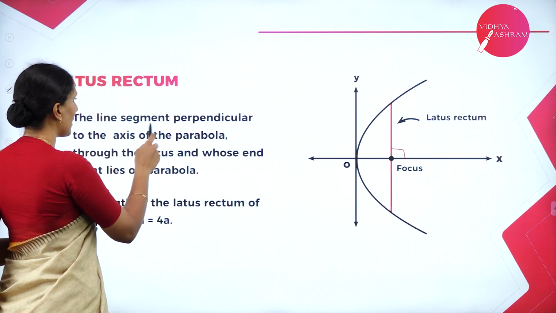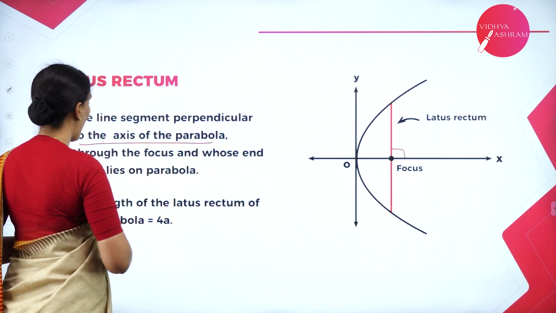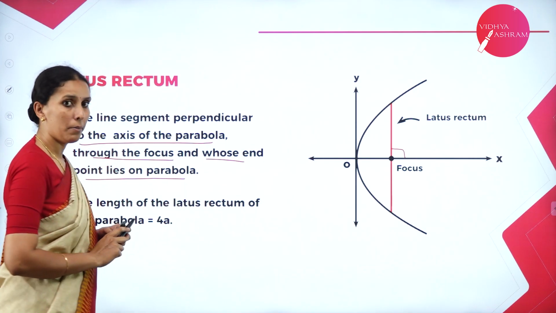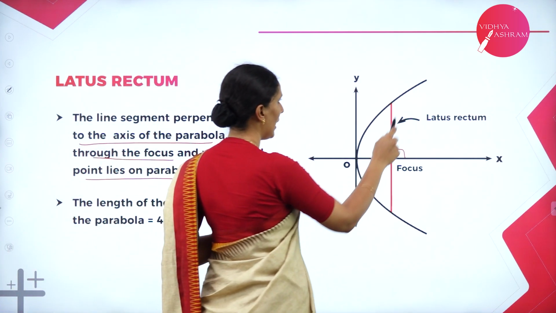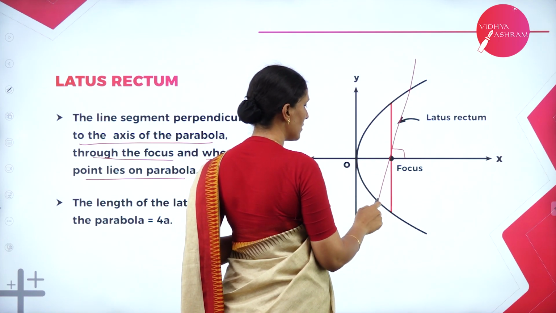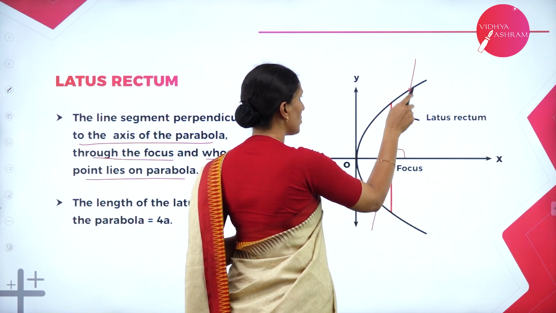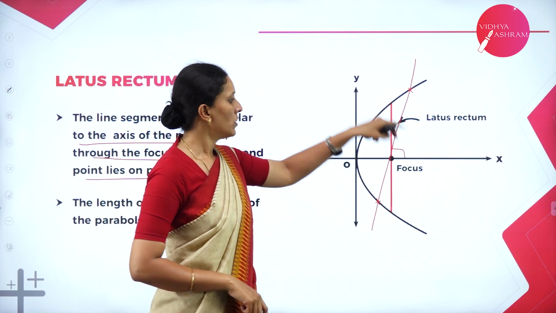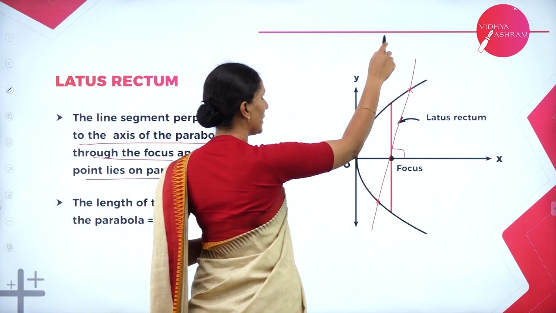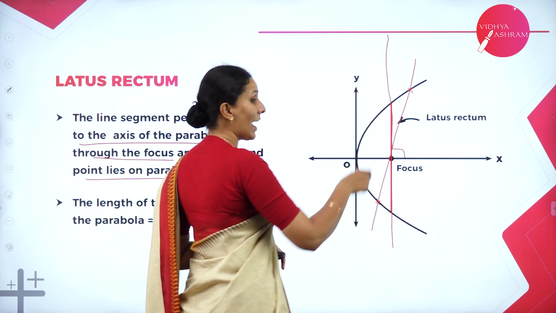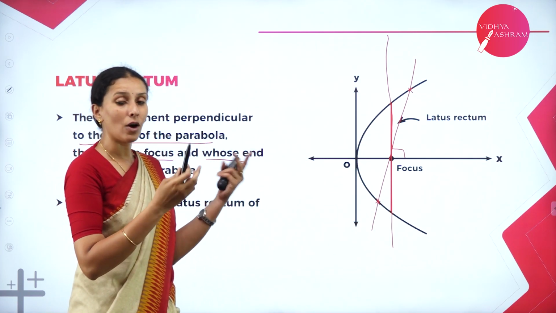So the line segment perpendicular to the axis of the parabola through the focus whose end points lie on the parabola. If I take a line like this, it is also passing through focus, and it is also touching the parabola, but it is not perpendicular to the axis. For any such line segment, the ends of the line are not on the parabola, they are outside the parabola.